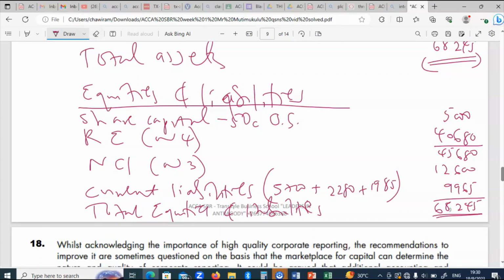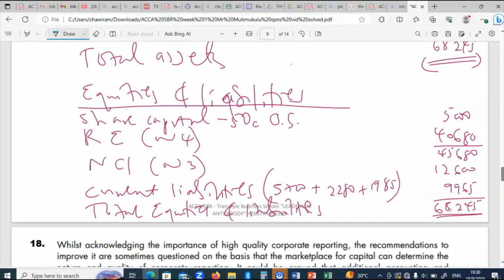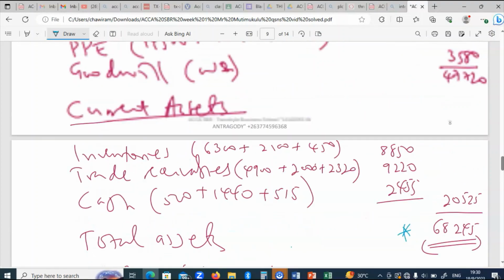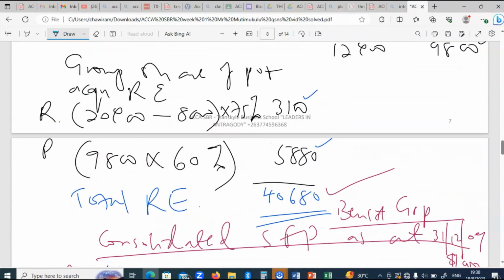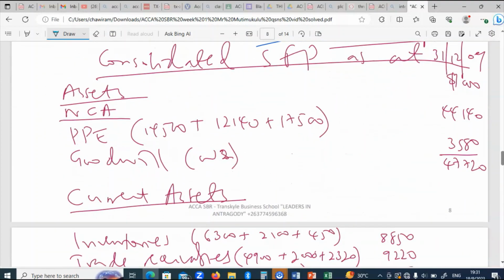And you can see clearly there that these figures are just the same, this figure and that figure. So we have actually balanced our statement of financial position, which means we are right on track. Okay, that's our statement of financial position, ladies and gentlemen.